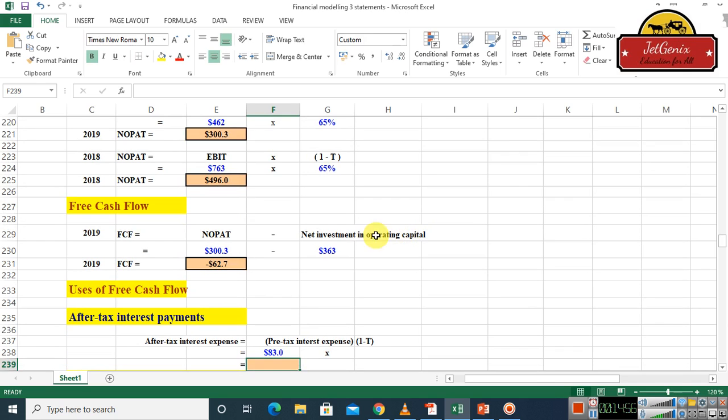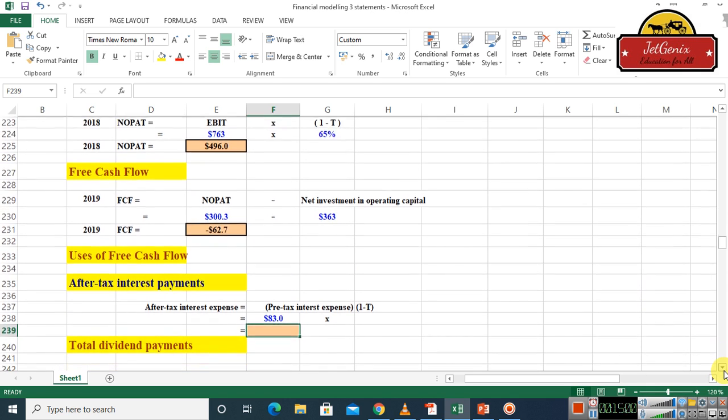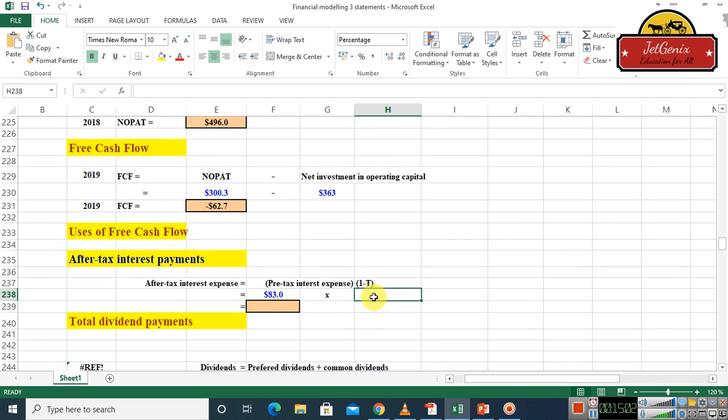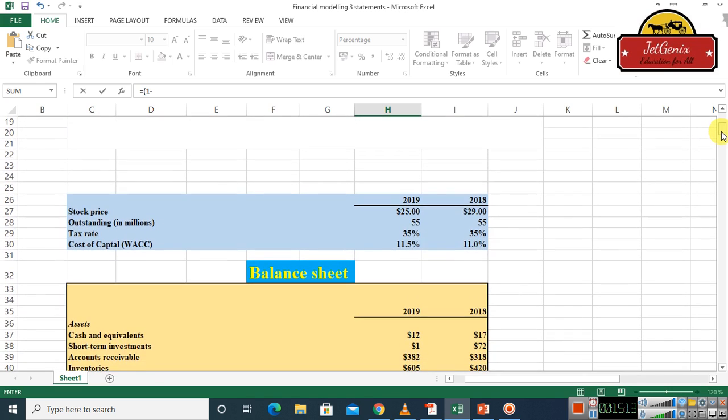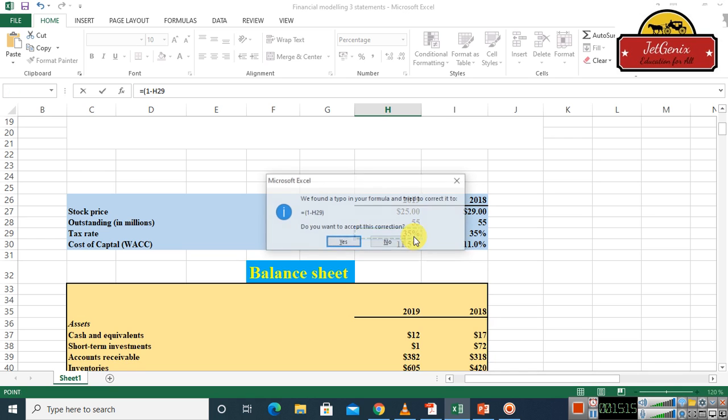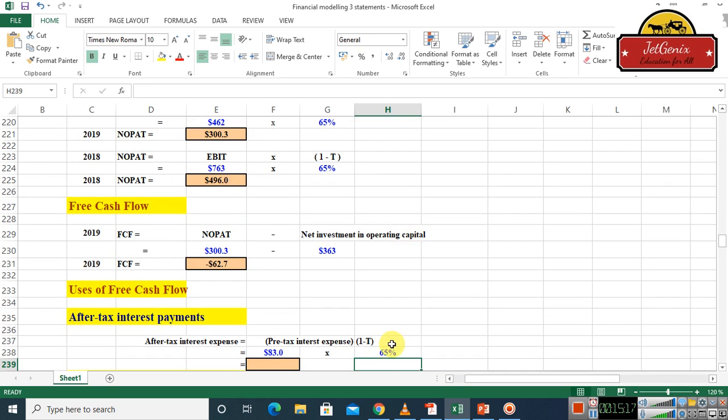Okay, for 2019. Now if we want to calculate the 1 minus t here, press equal, parenthesis, 1 minus, and I'm going to select the tax rate, which is here, for 2019, and press enter. Now you see it's 65, and if I want to calculate it, I will just multiply this figure with this one.